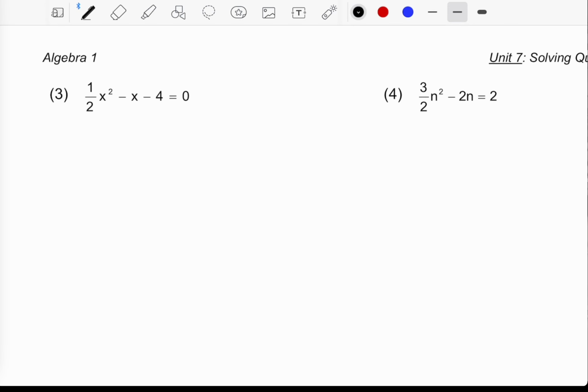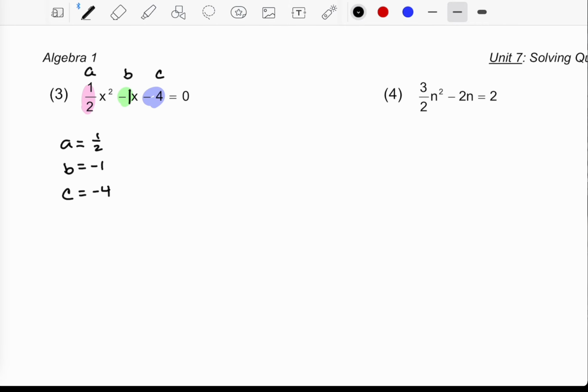So the a value, the b value, and the c value. Understood negative 1. So we have a value again. B value this time is negative. C value also negative. 1/2. Negative 1. Negative 4.